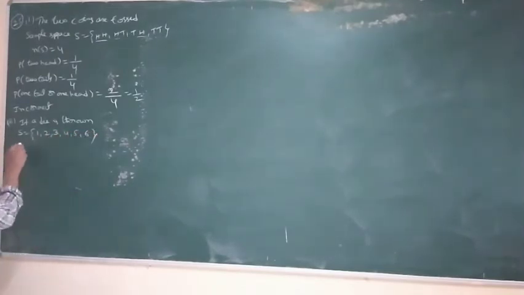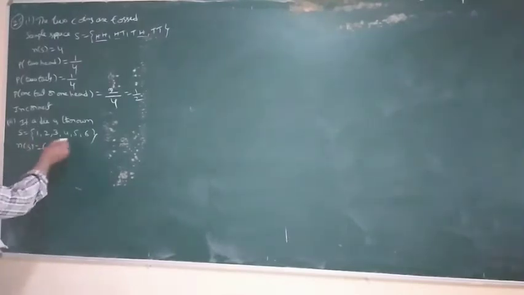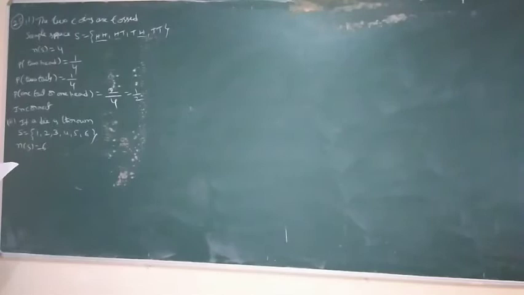N of S is equal to 6. There are two possible outcomes, an odd number or an even number. Only odd and even, 3 odd and 3 even.